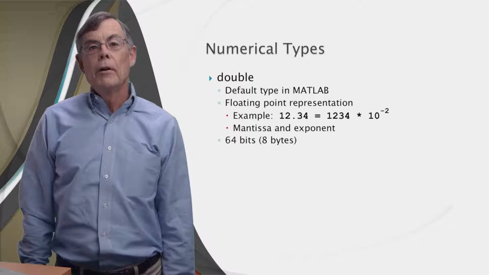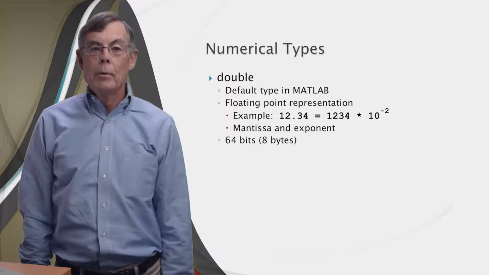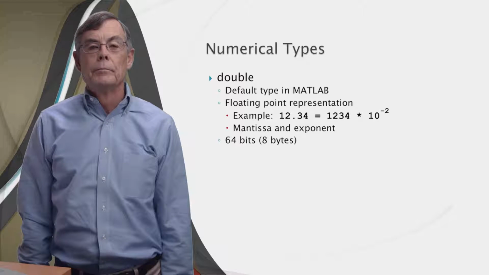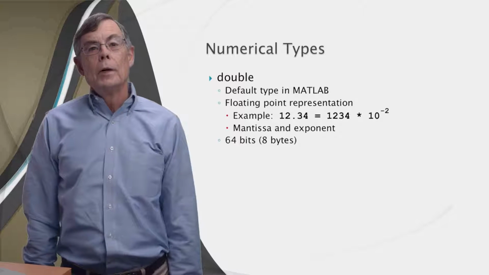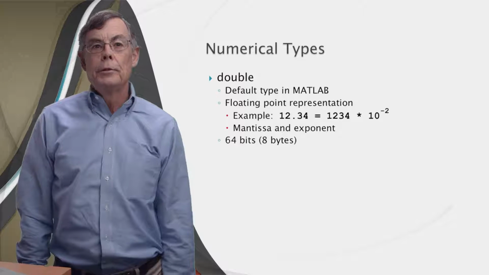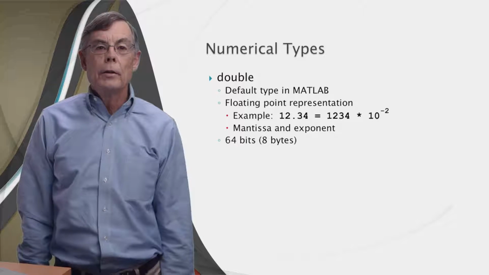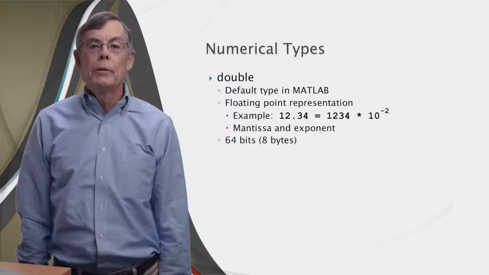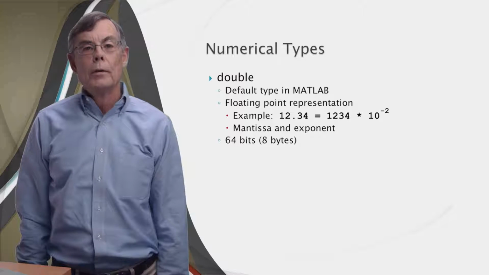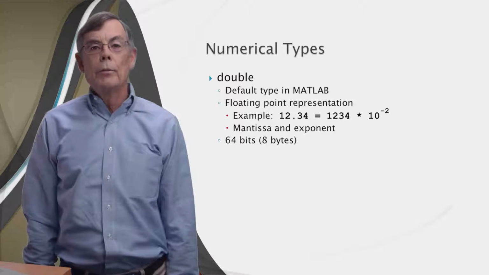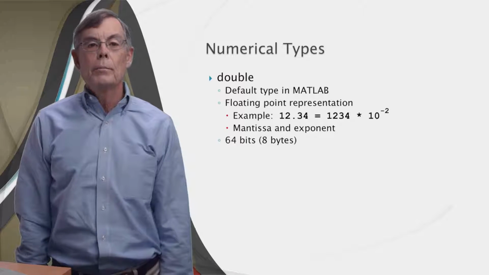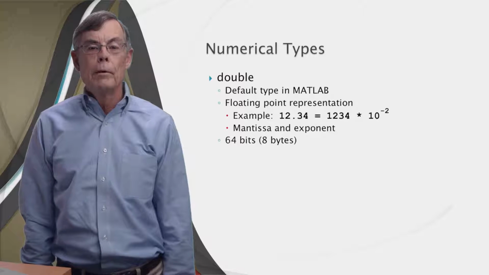As we've seen, the default data type in MATLAB is the double. That type uses floating point representation. And what's that? Well, you can think of floating point representation as being like the scientific notation that we talked about before. For example, to represent the number 12.34, we can use the fact that 12.34 is equal to 1,234 times 10 raised to the -2 power.